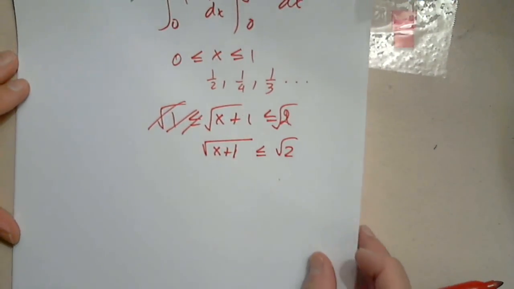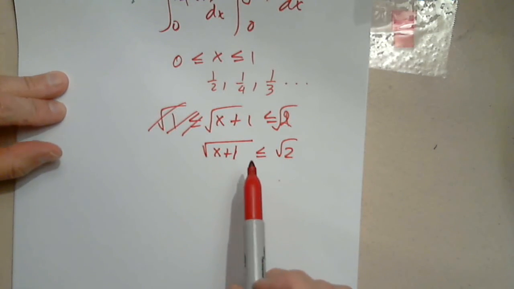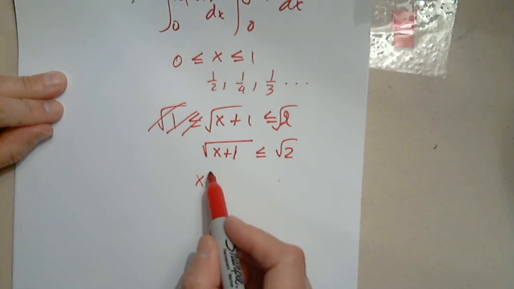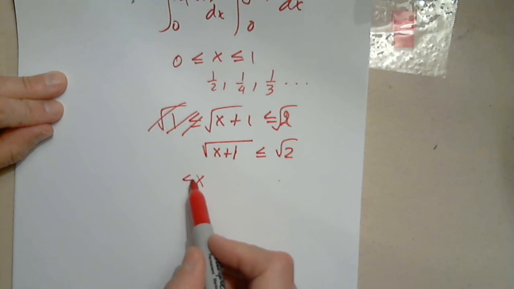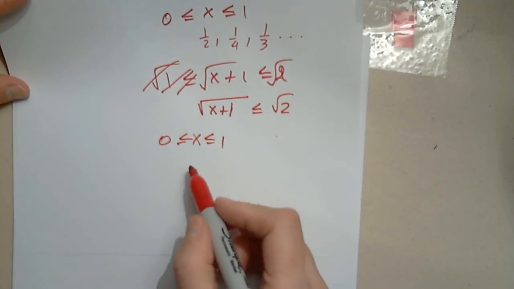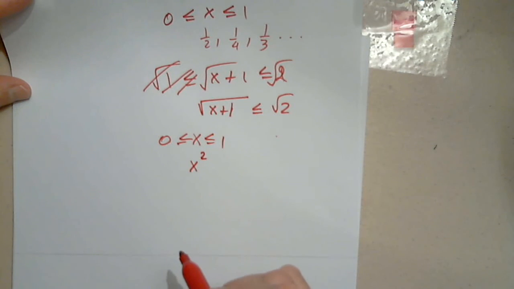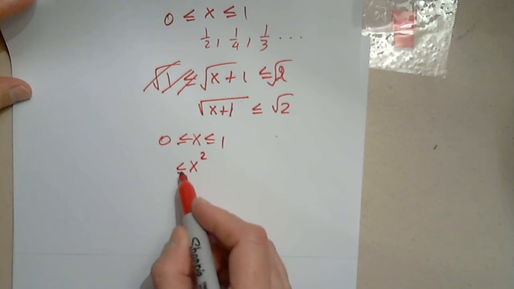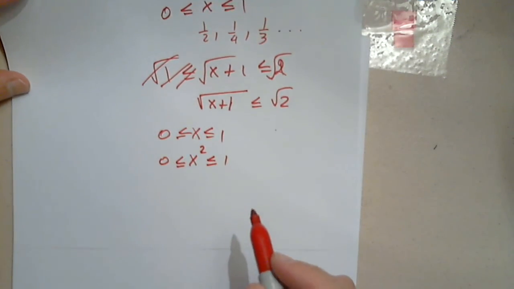Now, I'm more interested to compare this. So when we have x between 0 and 1, we know that x squared will still be between 0 and 1.